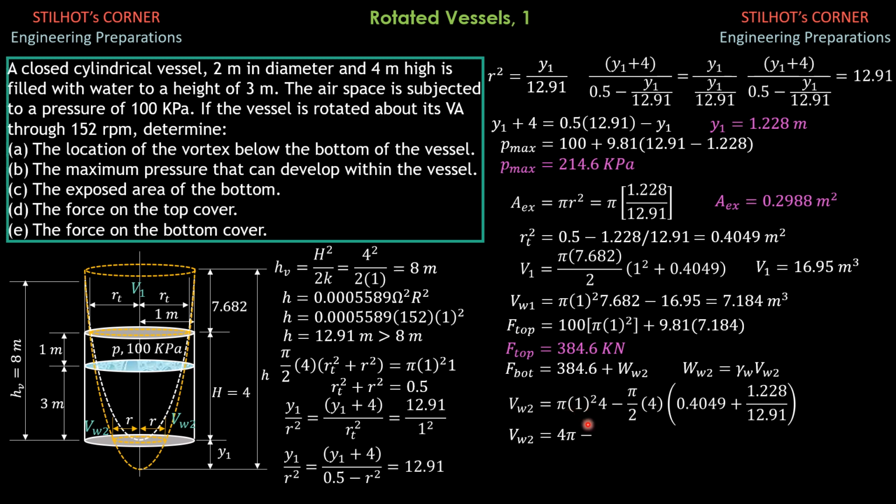So volume of water 2 is 4 pi minus pi, so it is indeed 3 pi cubic meter as expected, and as I explained a while ago.